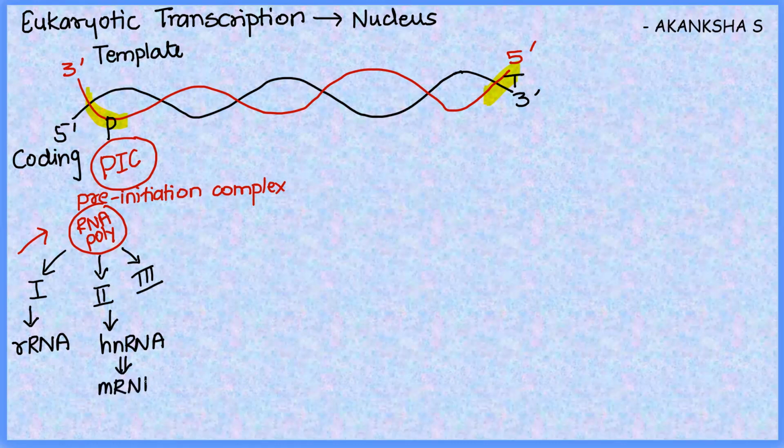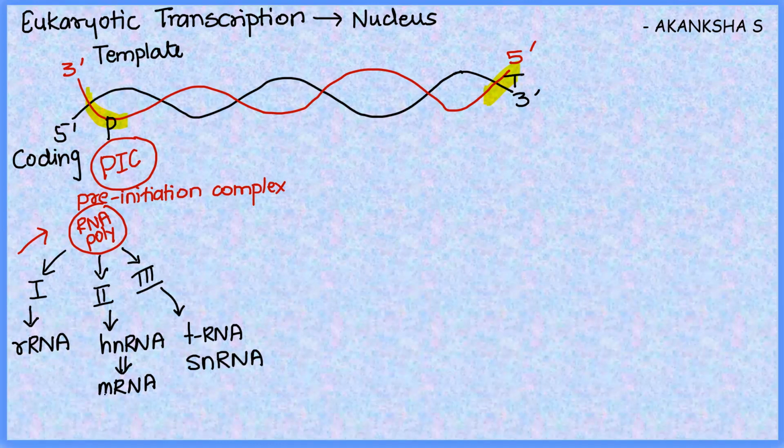We'll be learning about this step in a couple of minutes. And RNA polymerase 3 codes for tRNAs, pretty important in protein production, and also small nuclear RNAs. So unlike prokaryotic transcription, where there was only one common generic RNA polymerase, eukaryotic transcription has three polymerases working: polymerase 1, 2, and 3.